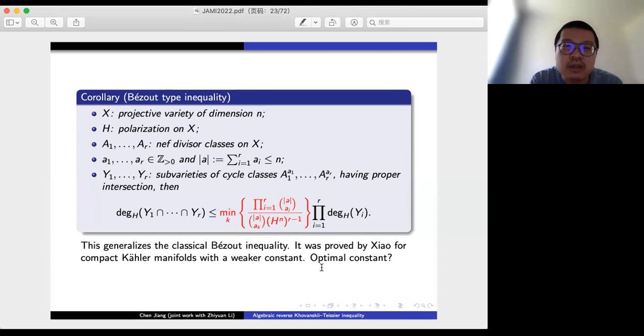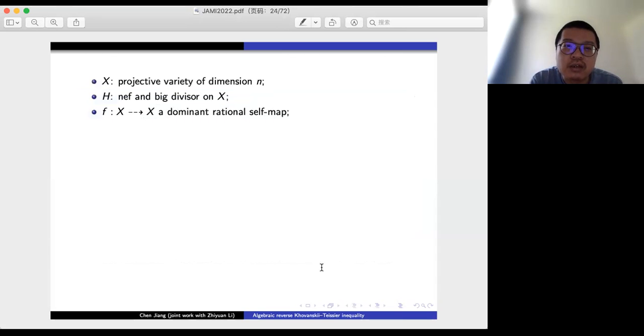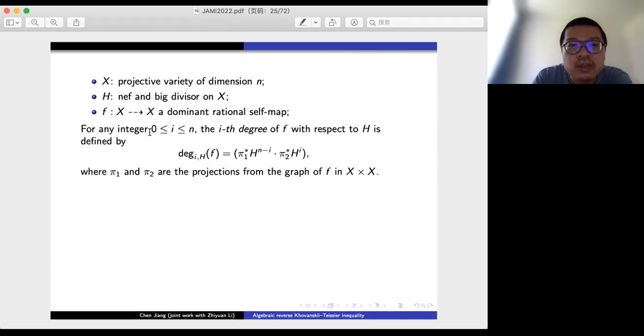The second one is the application to the so-called dynamical degree. Say we have a projective variety X with a nef and big line bundle H on X, and we have a dominant rational self map from X to itself. Then we can define the degree of F with respect to H as an intersection number.